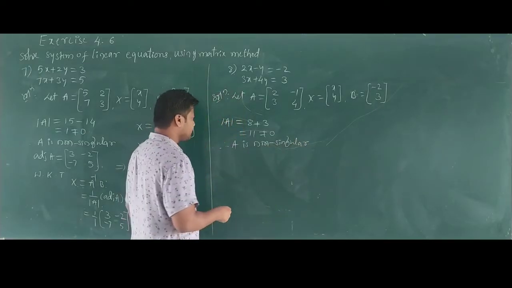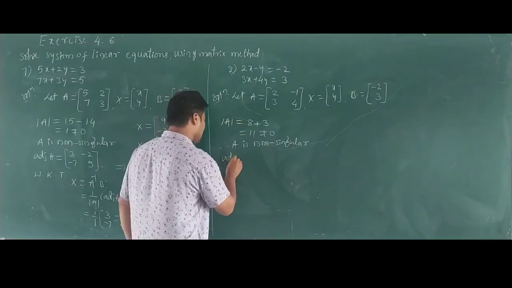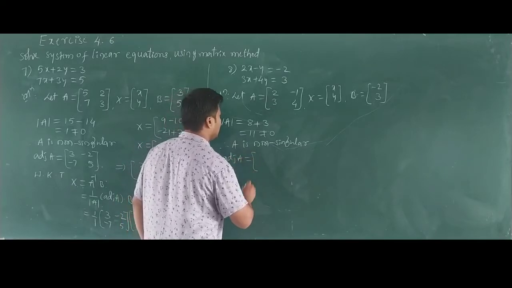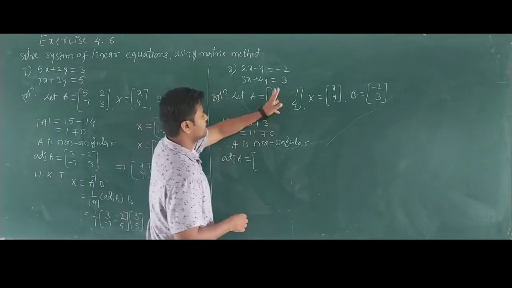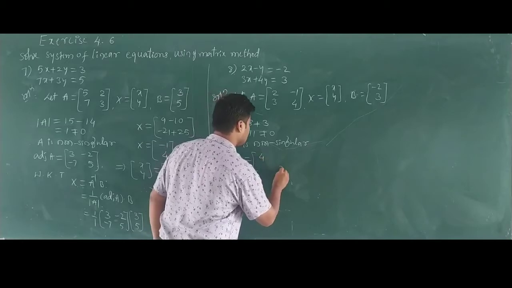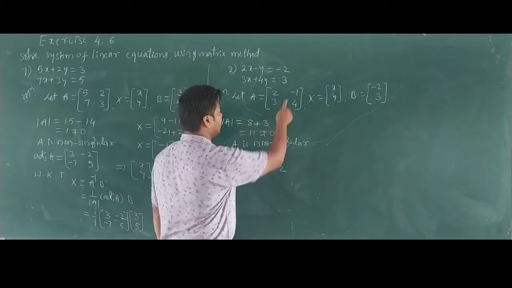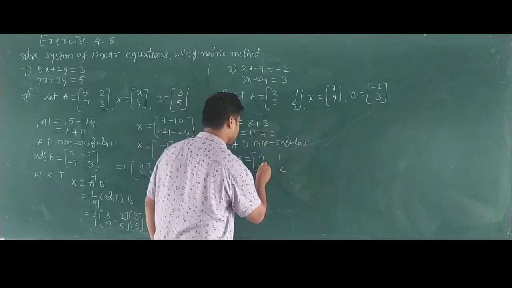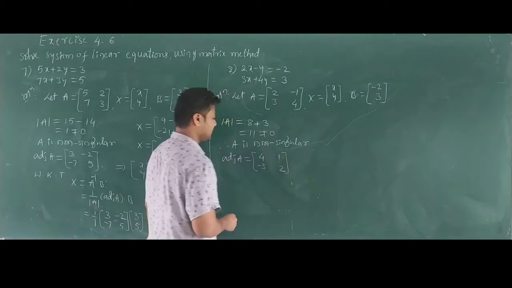Okay, next thing: adjoint of A. Interchange the diagonal elements, and change the sign of the non-diagonal elements: minus to plus, plus to minus. Okay.